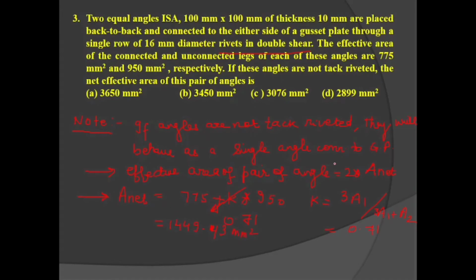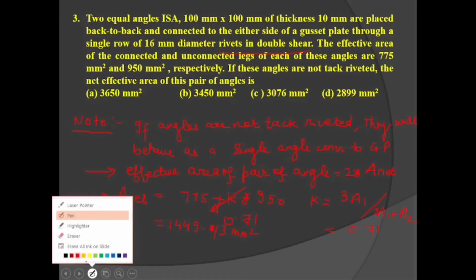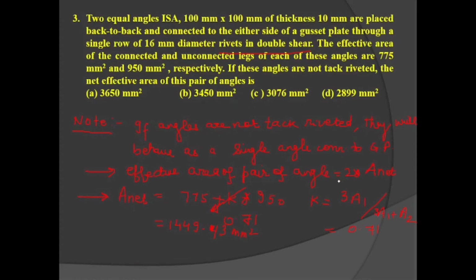Now effective area of the pair of angles is equal to 2 times A net, which is 2 times 1449.43, that is 2899 mm square, our answer. So option C is correct. Here angles are not tack riveted, it is clearly mentioned, please be careful. This is our final answer of this particular question.